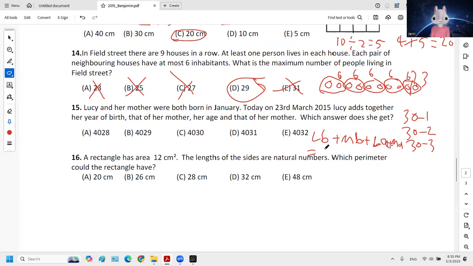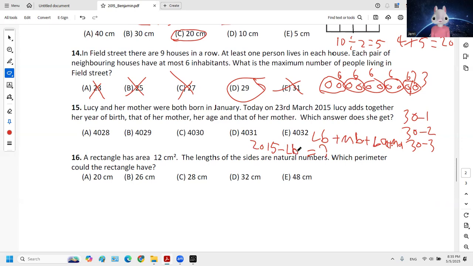And it equals something. In order to get the age of someone, we can use right now's date, which is 2015, minus Lucy's year of birth.